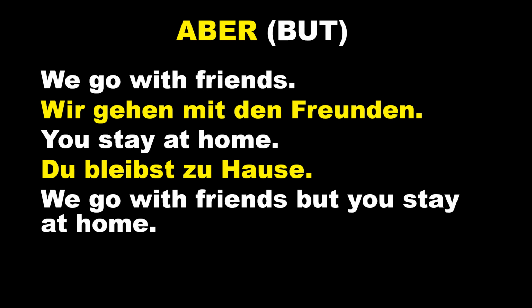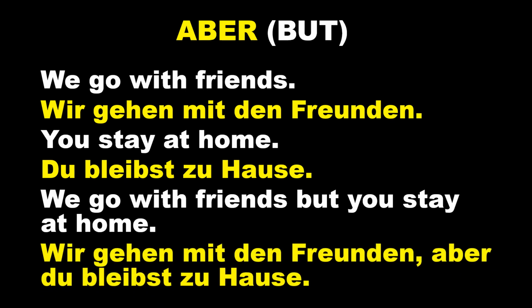Now, the third sentence where we have combined the above two sentences: we go with friends, but you stay at home. Let's see the translation. Wir gehen mit den Freunden, Komma, don't forget that, aber du bleibst zu Hause.